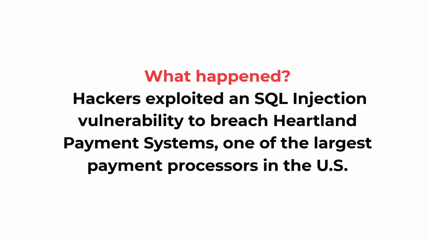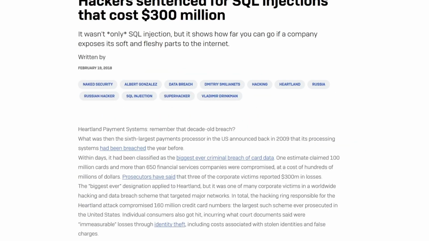Hackers were sentenced for SQL injections that cost a staggering 300 million, while it wasn't only SQL injection. It highlights how vulnerable companies can be if they leave themselves exposed.